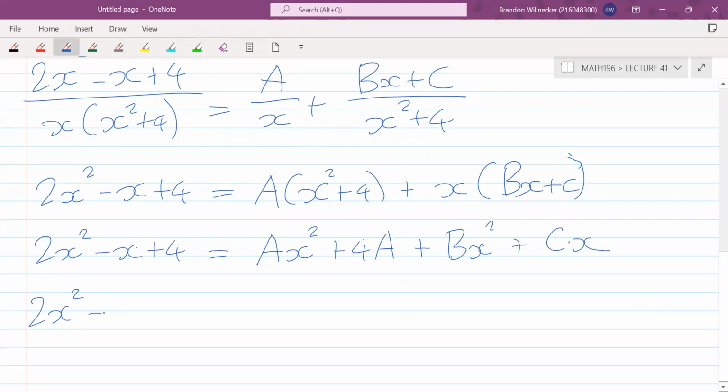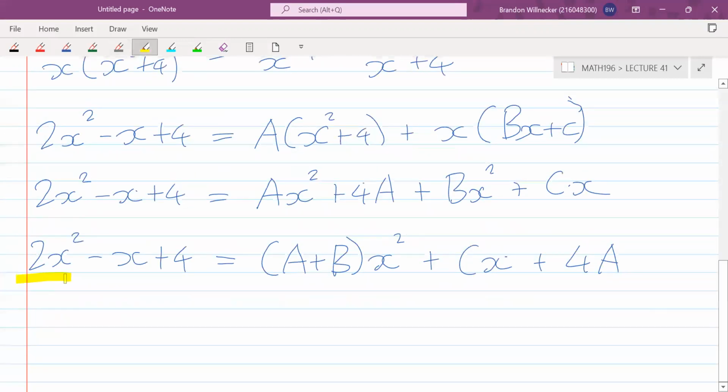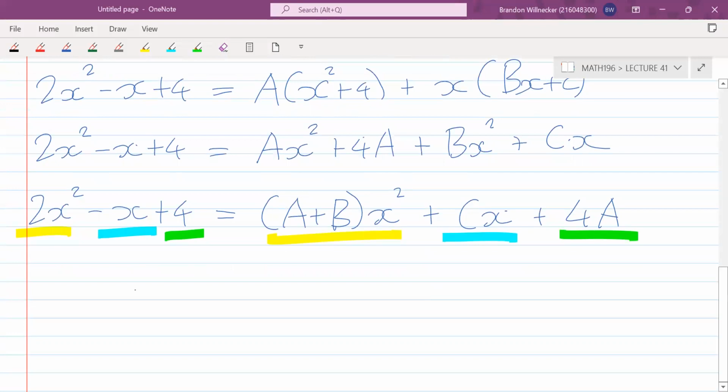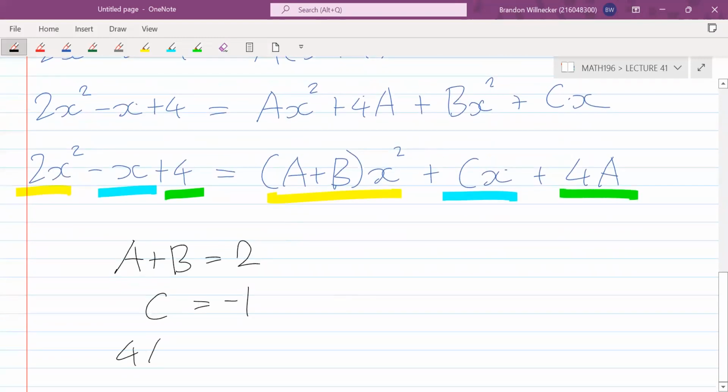So we have 2x squared minus x plus 4 is equal to A plus B, x squared, plus Cx plus 4A. Now we can just look at each of the terms individually, and they should match up. Okay, so if one polynomial is equal to another polynomial, then the coefficients better be the same as well. So here we're going to get A plus B is equal to 2, C is equal to minus 1, and 4A is equal to 4.